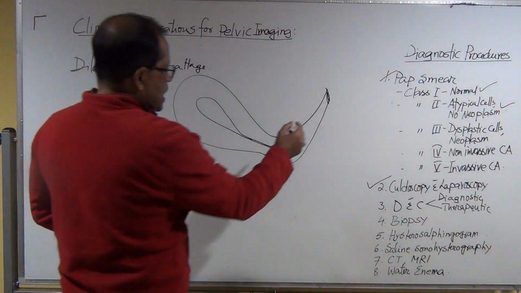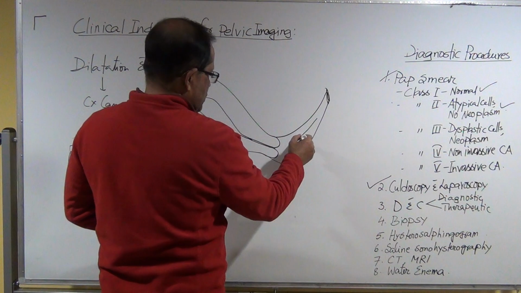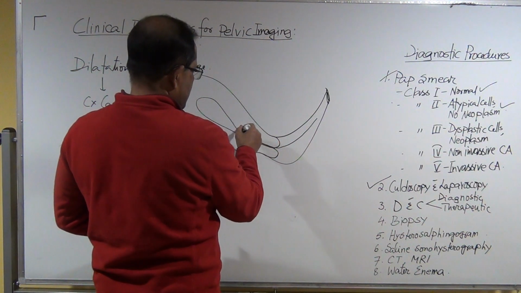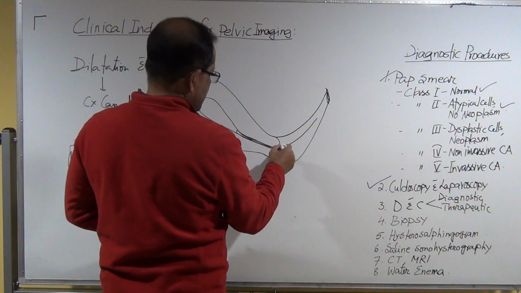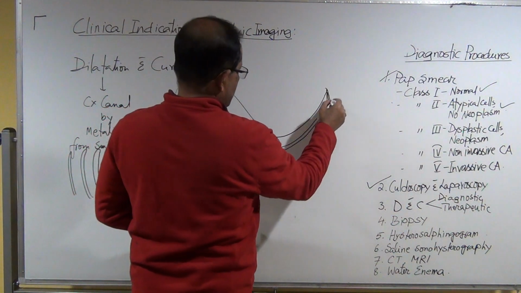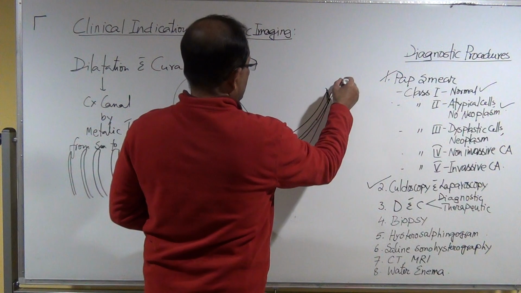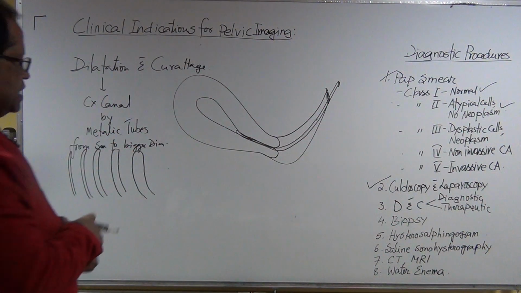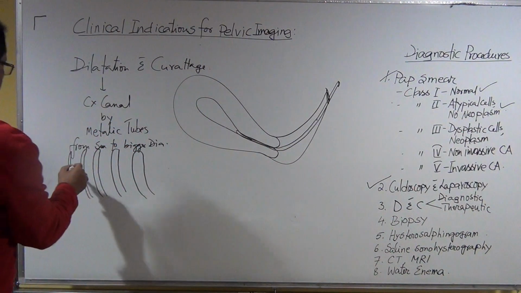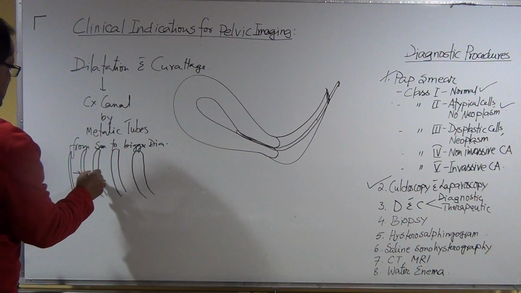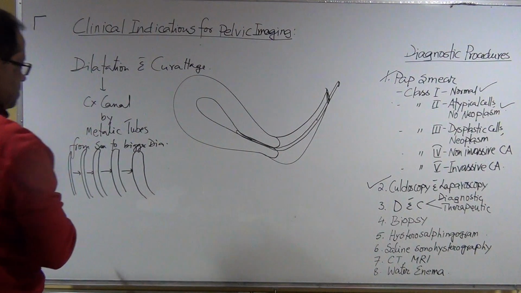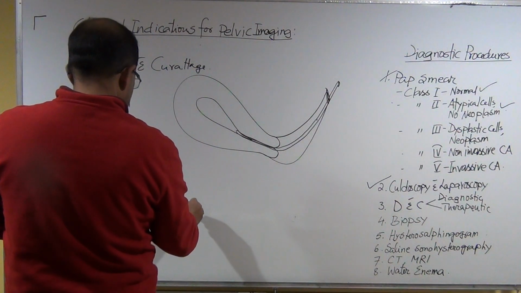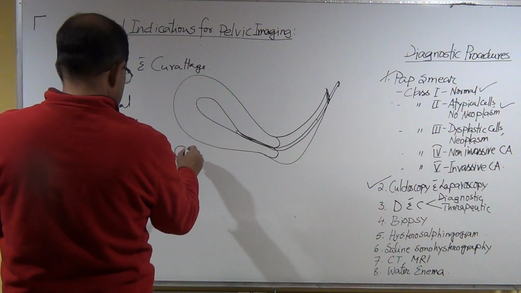Okay, through the external os they will insert. They will insert first, then they will use that one, that one, that one, because your final instrument looks like this.